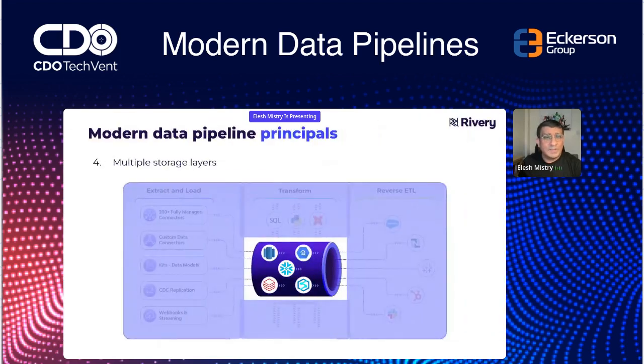Multiple storage layers. This is important because it's not just about which cloud data warehouse you pick today. It's about future proofing your landscape such that you can move between data warehouses as well.